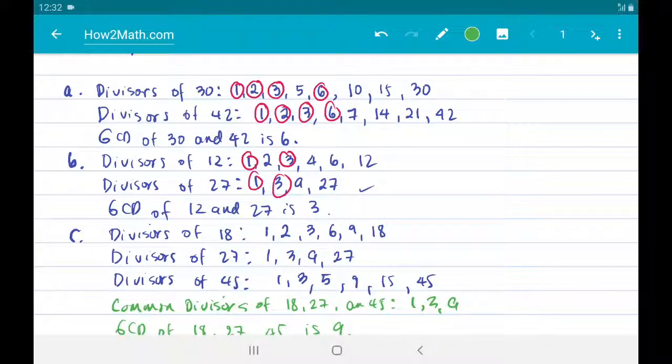So before we end, I think I'd like to note some observations. Now notice that for every whole number, 1 is always a divisor.